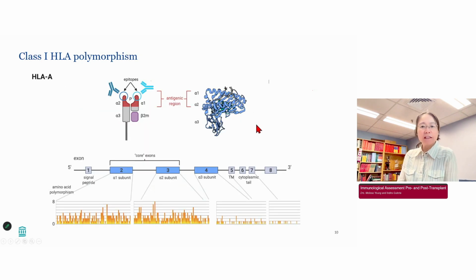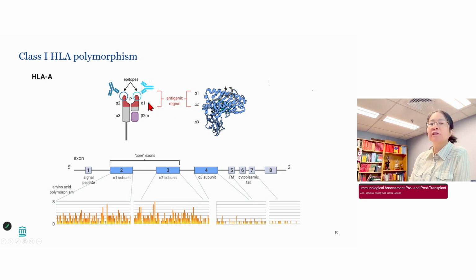To understand that a little bit better, let's take a look at the molecule itself. This is a class 1 HLA, for example. The molecule is a heterodimer comprised of a highly polymorphic alpha chain, which is here, and a very well conserved beta-2 microglobulin. It turns out that the part of the HLA molecule that's immunogenic and antigenic is known as the antigen region.